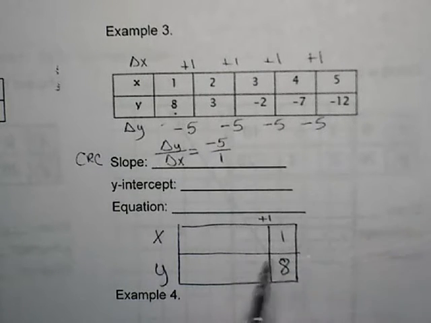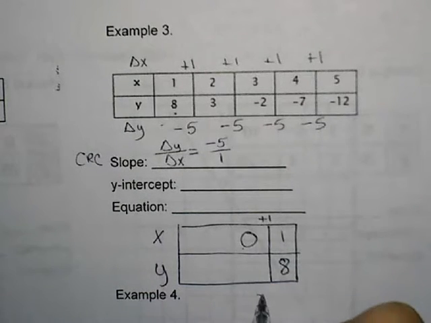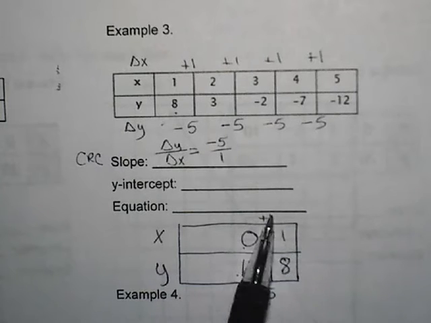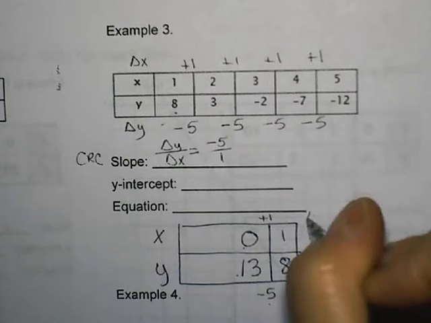And I have to think, what plus 1 equals 1, and I know that it's 0. And then I want to think, what minus 5 equals 8? Well, I can work that backwards. So 8 plus 5 is 13. I know that 0 plus 1 is 1, and 13 minus 5 is 8. I am still using my slope to determine it.